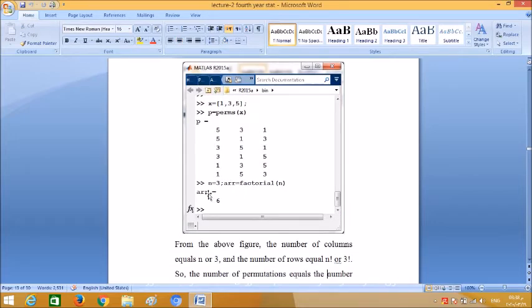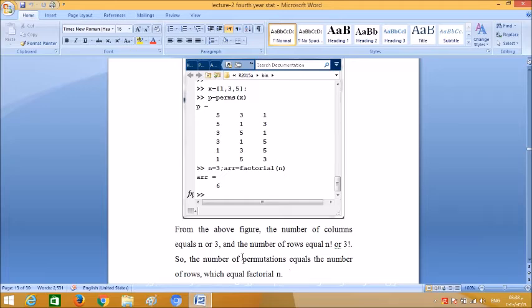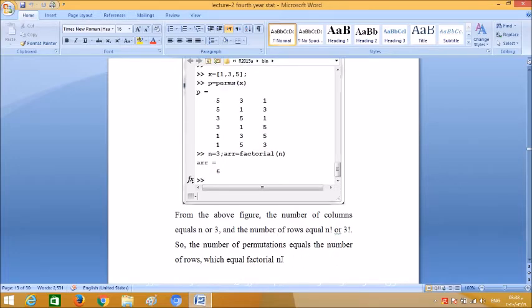From the above figure, the number of columns equal n or 3, and the number of rows equal n factorial or 3 factorial. So the number of permutations equal the number of rows, which equal factorial n.